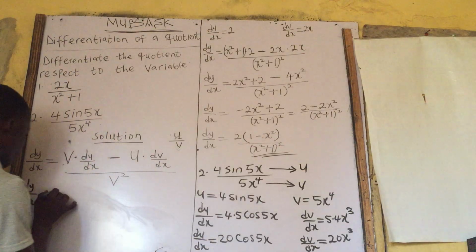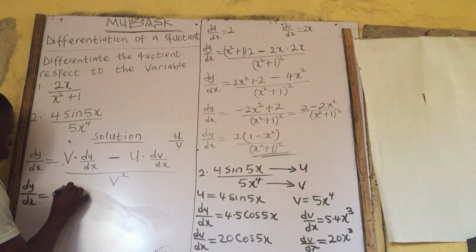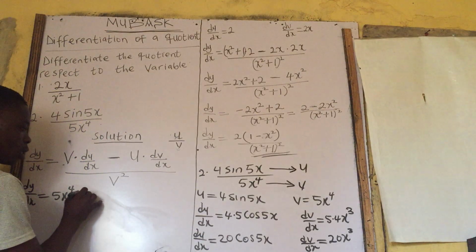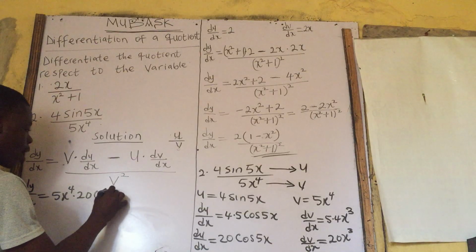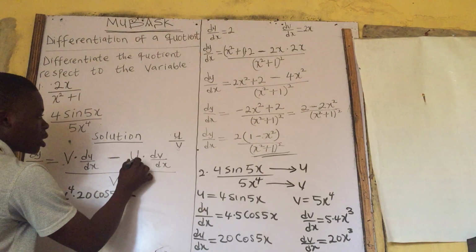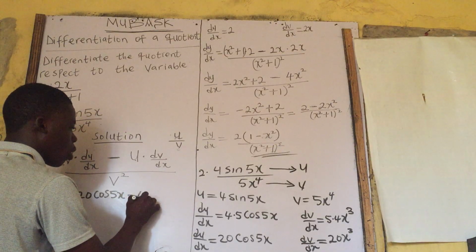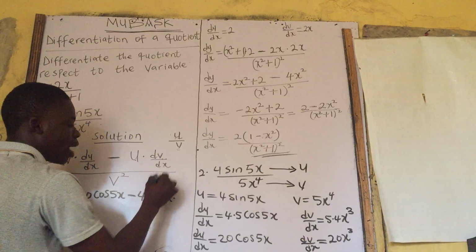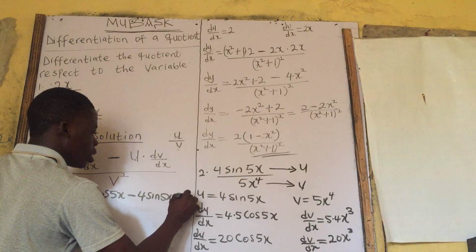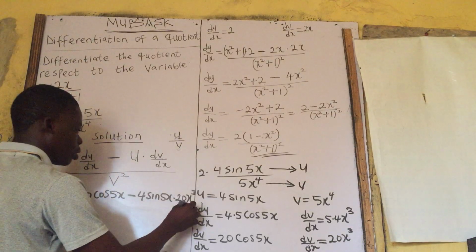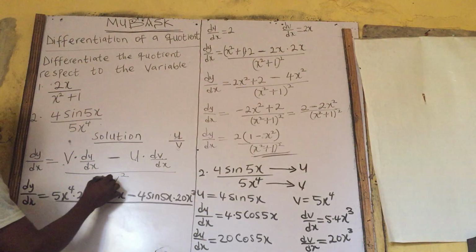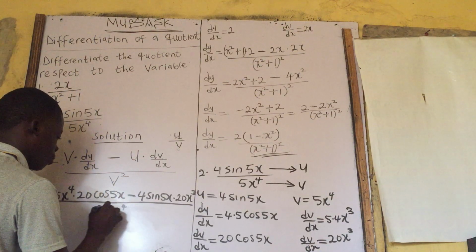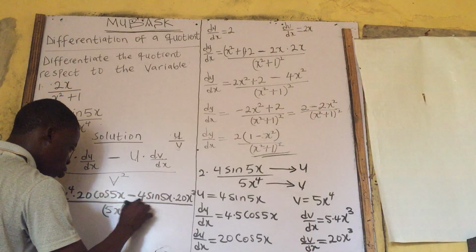Our v is 5x raised to power 4 multiplied by du over dx, which is 20 cos 5x, minus our u, which is 4 sine 5x, multiplied by dv over dx, which is 20x raised to power 3, divided by v squared. What is our v? 5x raised to power 4 all in bracket squared.